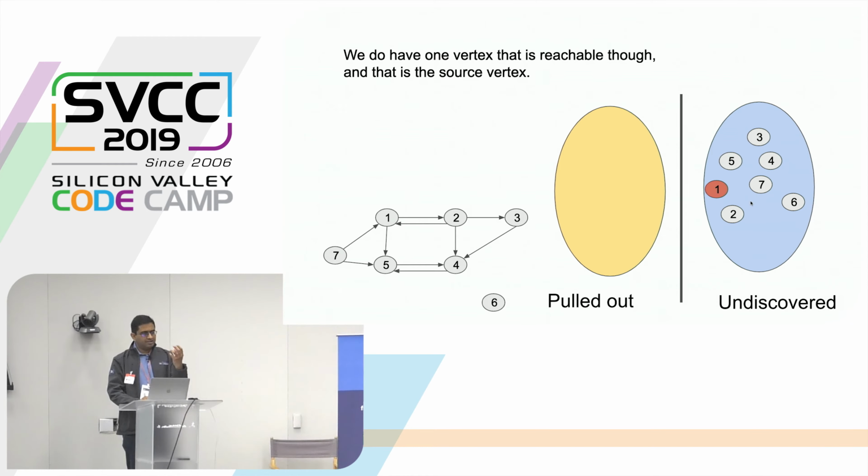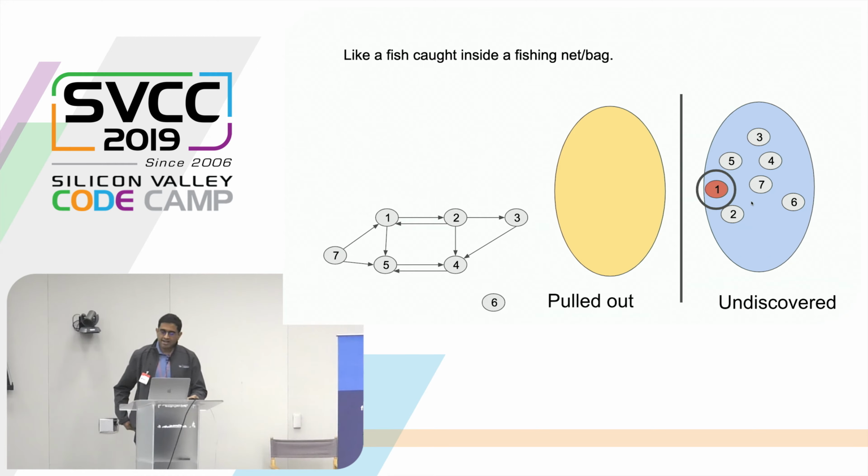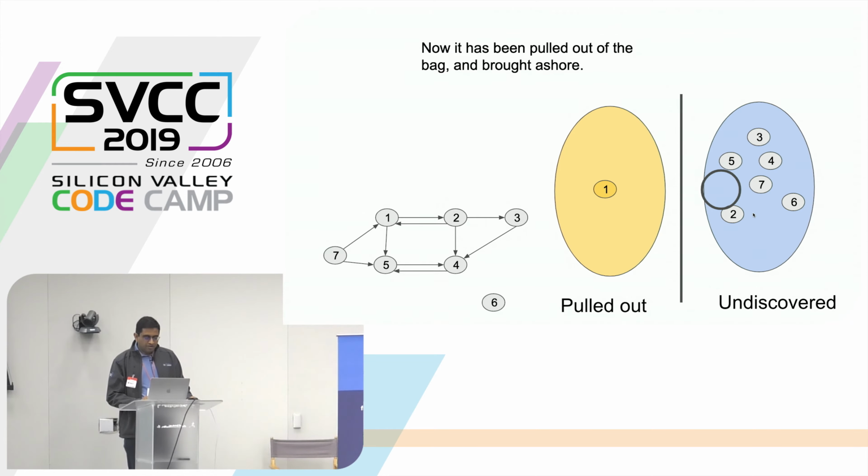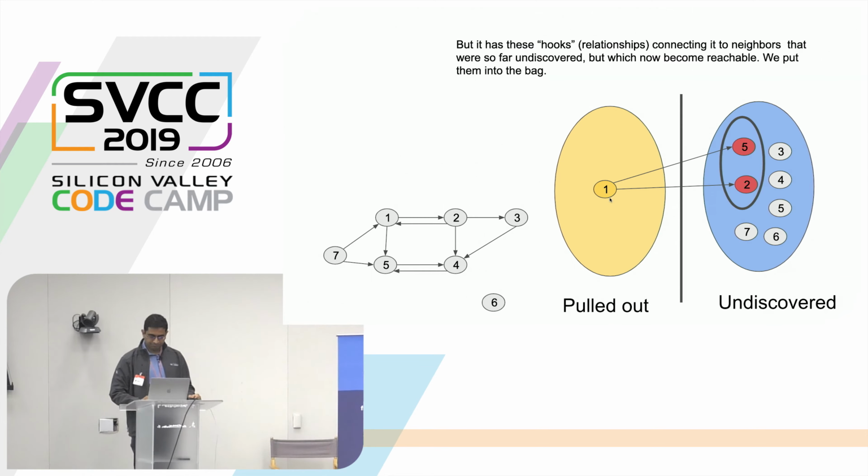So since we know what this vertex is, we pretend that we have caught it inside a fishing net, we have trapped it, or we have put it inside a bag. Having done so, we drag it ashore. We take it out of the bag and we drag that fish ashore. Now, we know what other fish or what other vertices this particular vertex has a direct relationship with.